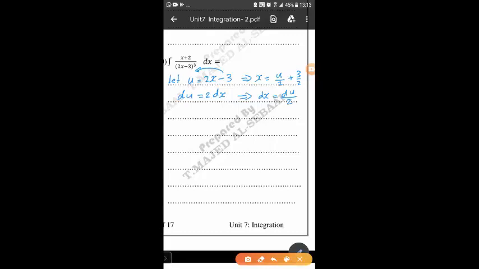Okay? So our integration I equals, what does I stand for? It is integration, you know that, right? That will be, I will substitute x. x is u over 2 plus 3 over 2.